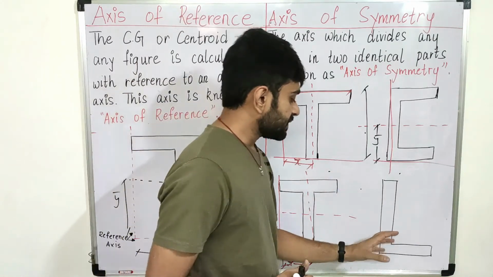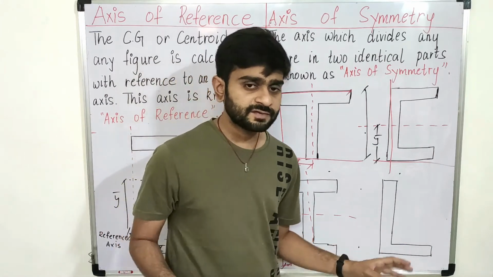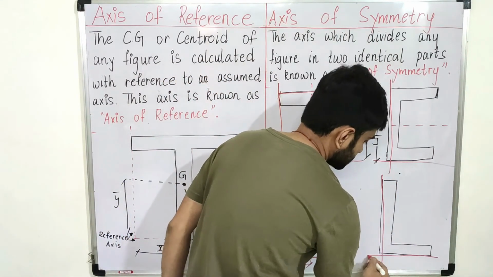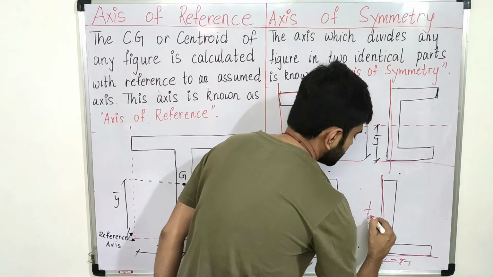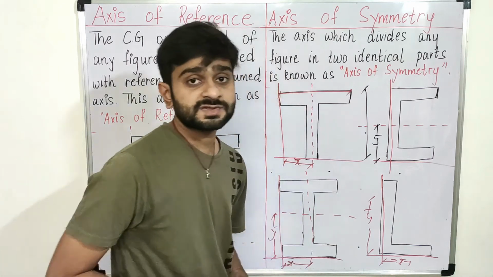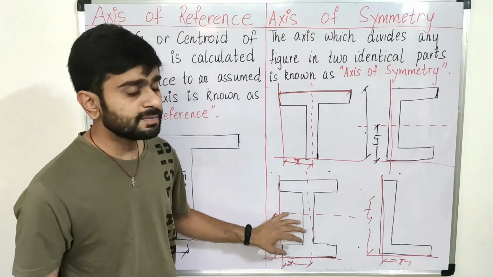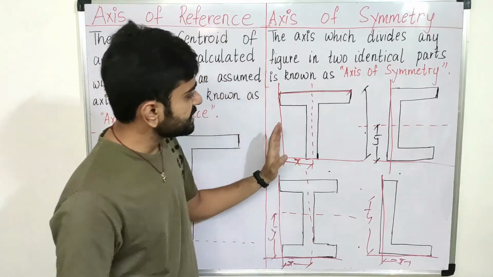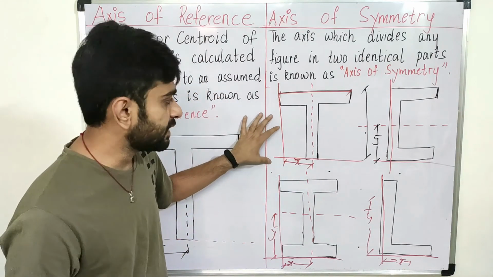But if any cross section or shape is not symmetrical about any of the axes, then we have to calculate x bar and y bar in both directions. This is a bit tedious, but in the I section we get the centroid directly. Repeating quickly, for this T section we have x bar directly available while we need to calculate y bar.